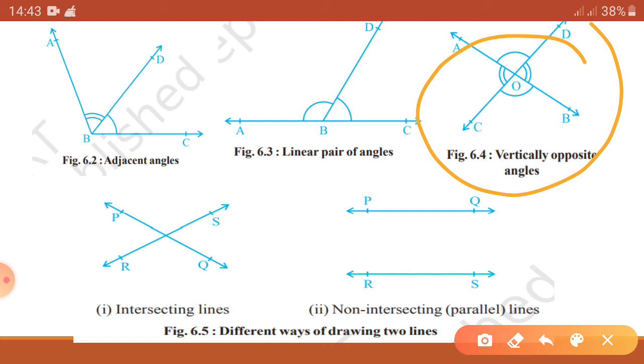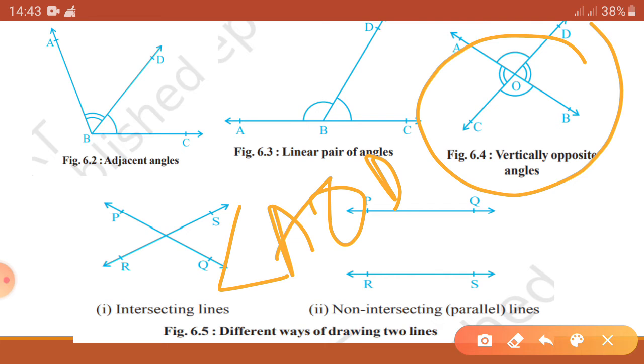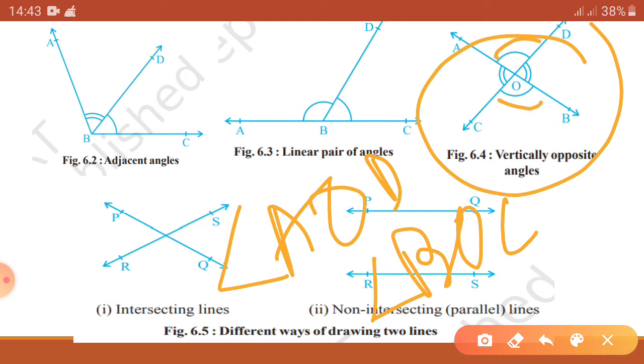One pair is angle AOD and BOC, that is this angle and this angle. The other pair is angle AOC and DOB, or BOD. Got it?